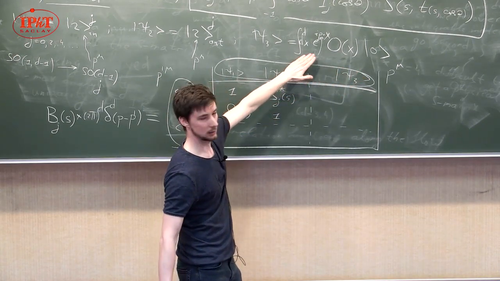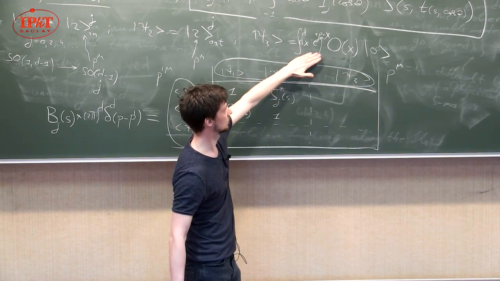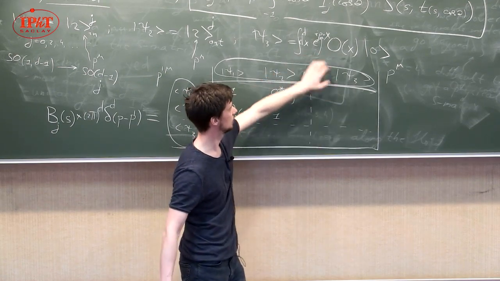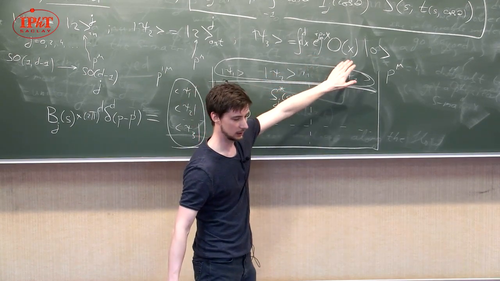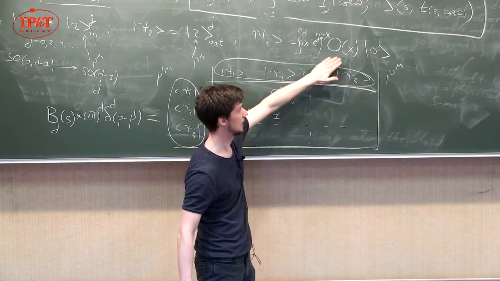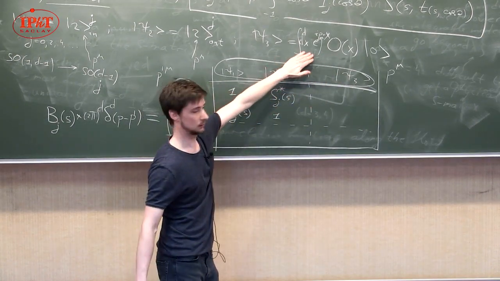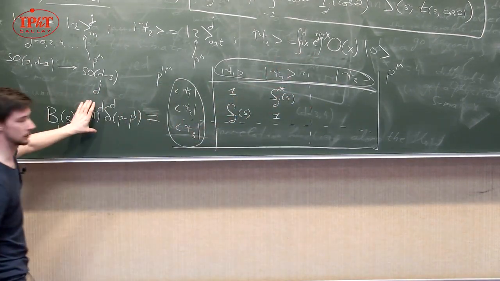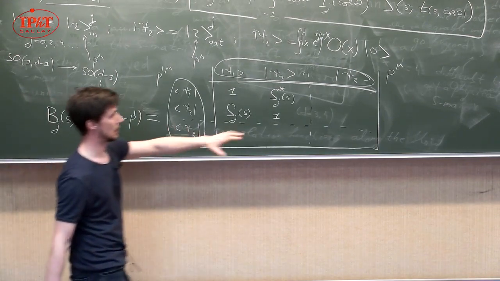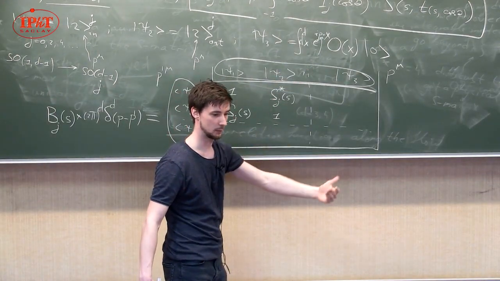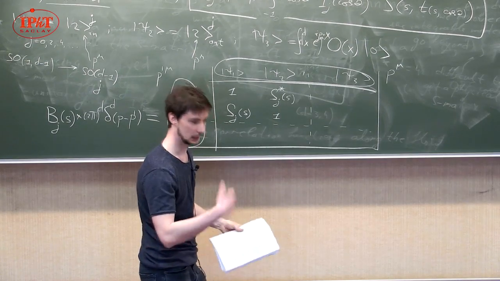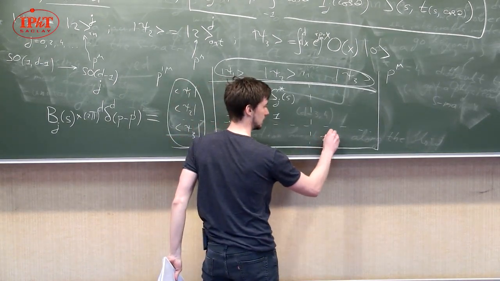Now, I would like to do the Fourier transform twice of this 2-point function here. Due to the translation invariance, one Fourier transform will simply give me this delta function. And the other one will be the Fourier transform of the Wightman two-point function. And by definition, this is the spectral density.